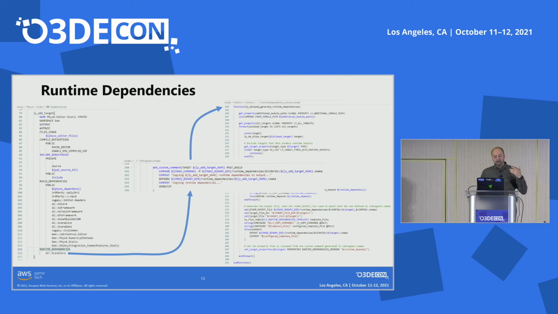For example, if your target is a bundle on Mac and you are doing a dlopen of a library, you want that library to be in a path inside the bundle where it's going to be found. That's what runtime dependencies do. You basically say, I'm depending on this target at runtime, and under the hood that injects a post-build step that makes that copy.